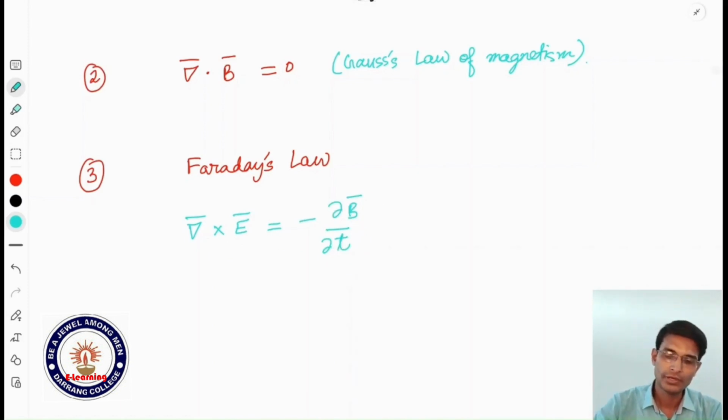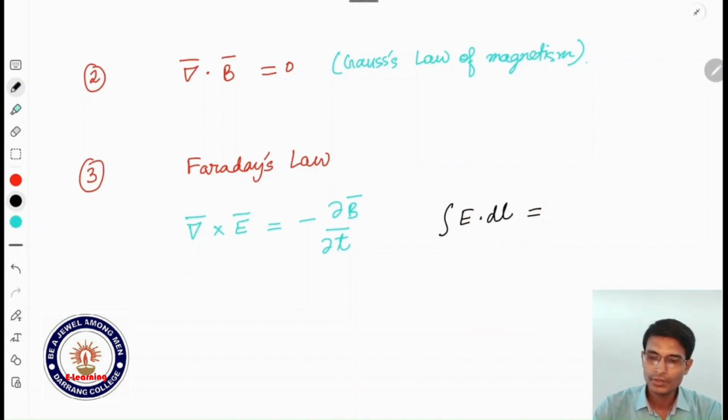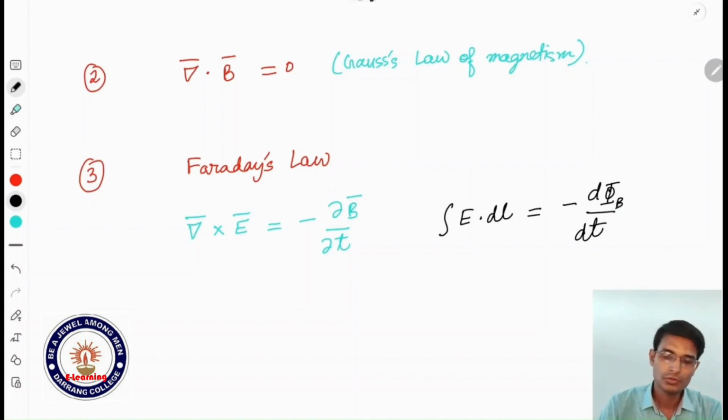The integral form of Faraday's law, you already know it as integral E dot dL is equal to minus d phi by dt. This is phi, the flux of the magnetic field. Later on we will prove that the differential form and the integral form of Faraday's law are equivalent. We will obtain one from the other.